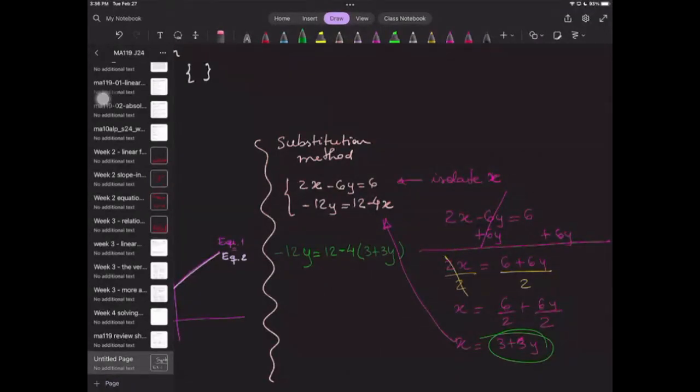Okay, now I'm going to solve for y because there's no more x. Don't forget I have to distribute. Negative 4 multiplies everything inside that parenthesis. So I have negative 12y equals 12, and then multiplying negative 4 inside the parenthesis gives me negative 4 times 3 is negative 12, and then negative 4 times 3y, negative 12y.